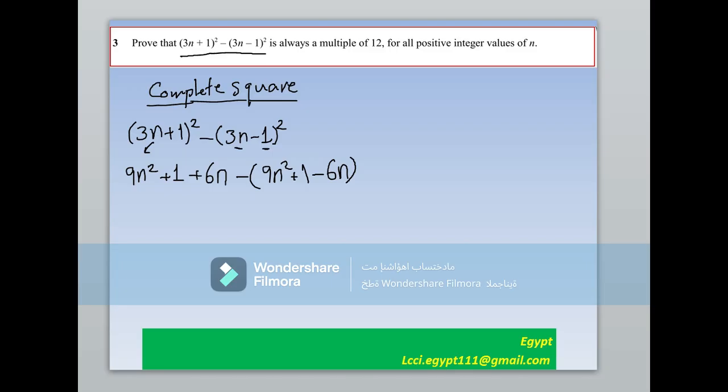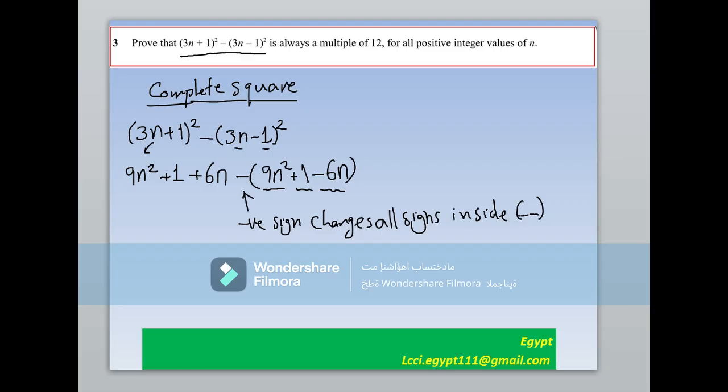So this negative will change the sign of any term inside the bracket. This negative sign will change all signs inside the bracket.